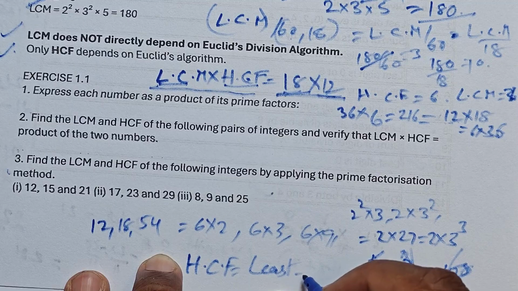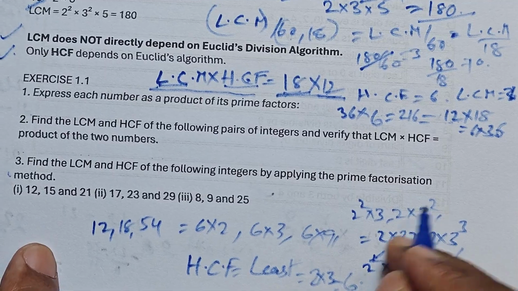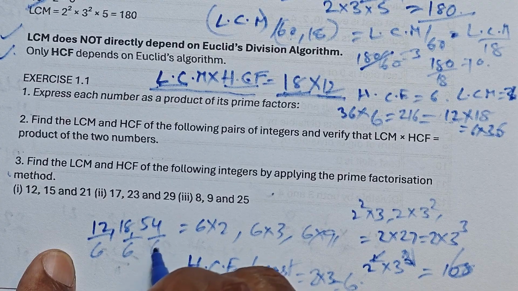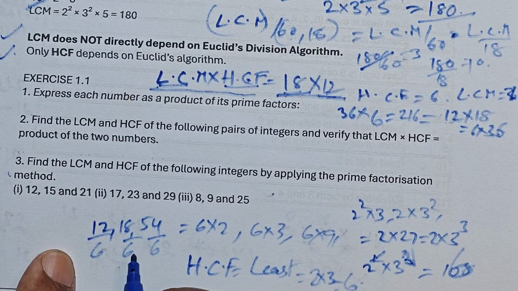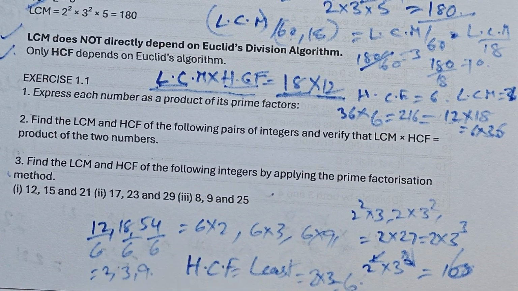HCF is 2 into 3, that is 6, because the HCF should be able to divide all the given numbers. If you are studying, carefully take time and ensure that you are not making mistakes like me, because as I am trying to think through the next topic, those are getting into the discussion.